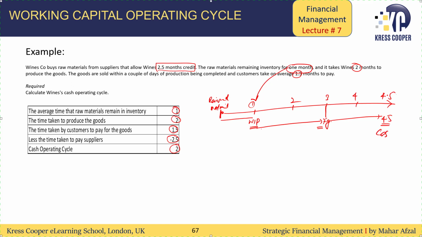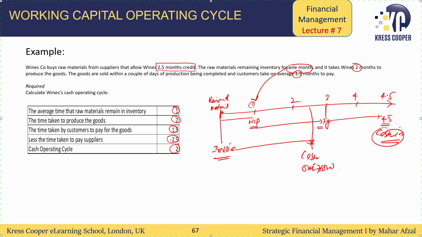Here the cash will be in. Wines is given 2.5 months credit. So here the material is being received, and here the invoice is being received as well. So 2.5 months means the cash outflow will be at this point. Cash outflow, this is cash inflow.